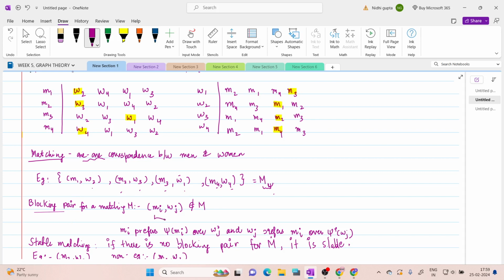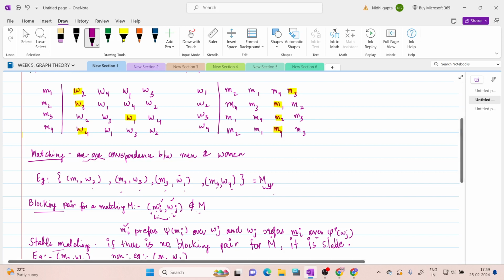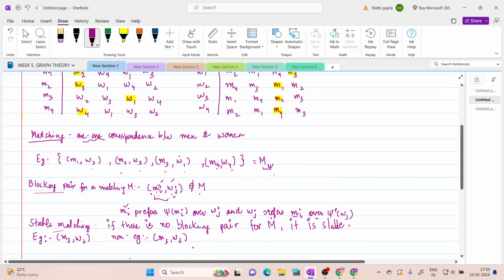A blocking pair will be a tuple of man and woman which does not belong to the matching, but which satisfies this property: mi wj will be a blocking pair if mi prefers wj over the woman he has been assigned, and wj also prefers mi over the man she has been assigned. Such a pair is called a blocking pair, and a stable matching is a matching for which there is no blocking pair.